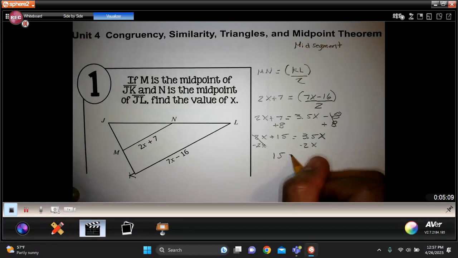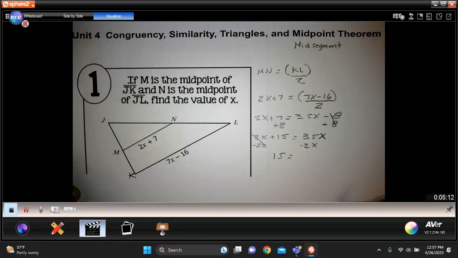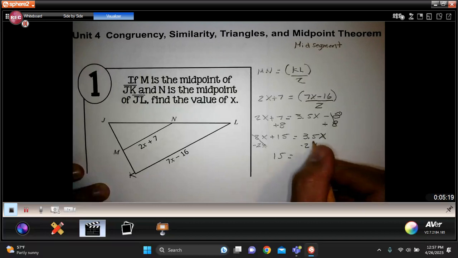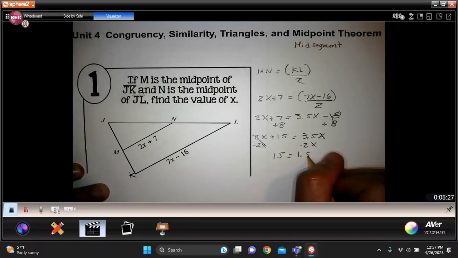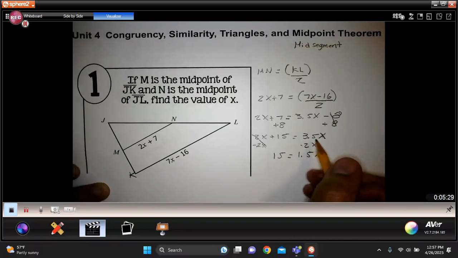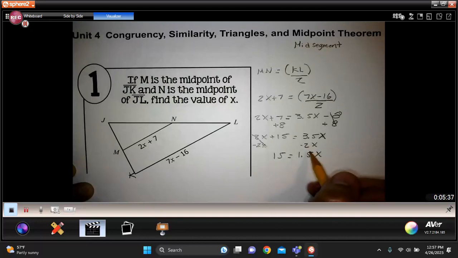So we got 15 equals 3.5 minus 2, we're only going to have 1.5x left. 3.5 is positive, so I'm going to have to take away 2, so 3.5 minus 2 is going to be 1.5x, and because the 3.5 is positive, my 1.5 is going to be positive.